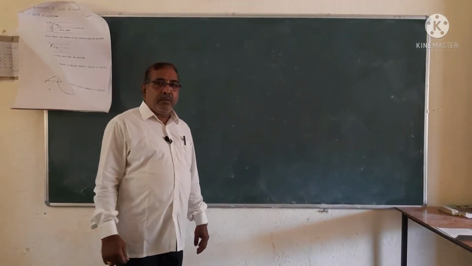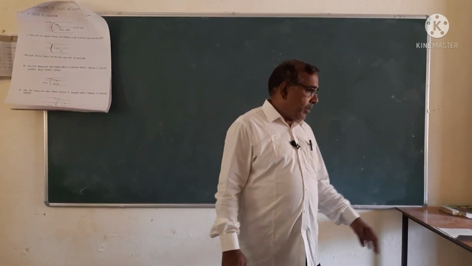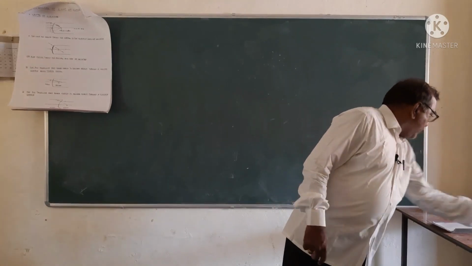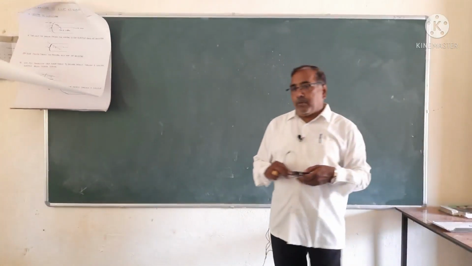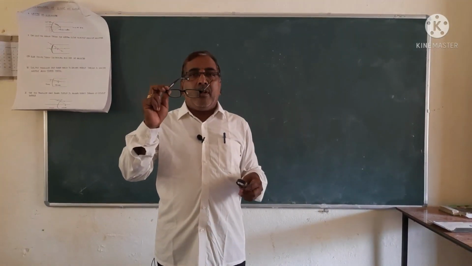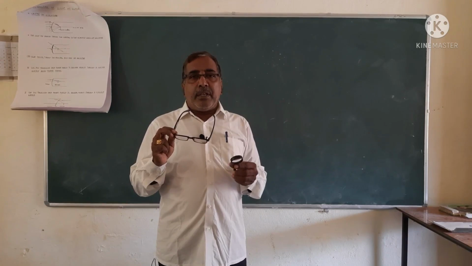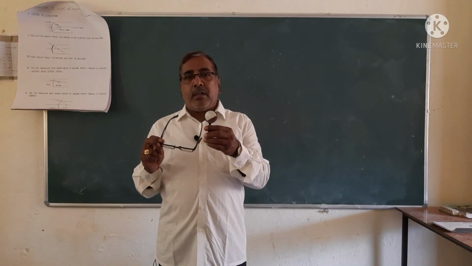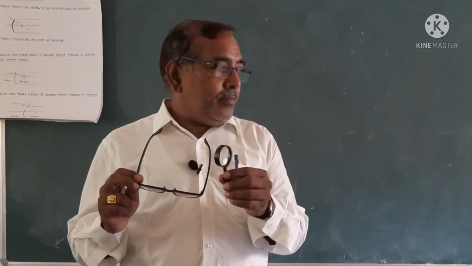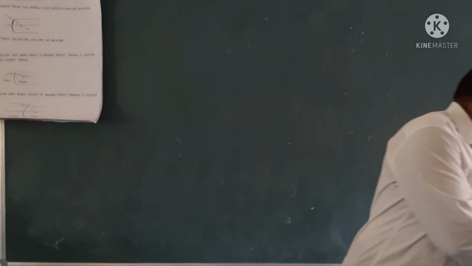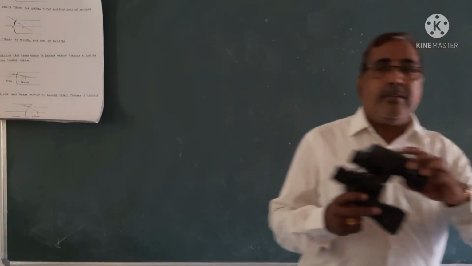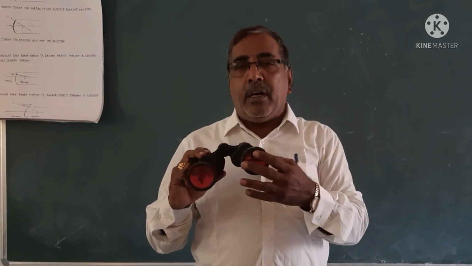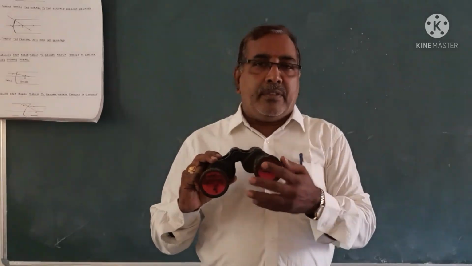In our daily life, we are seeing so many things. So many people are using spectacles like this, and in some cases some are using this type of lenses. This is called converging lens or convex lens, and in some binoculars also we are using some glasses like this. When we touch it, we will feel that they are not plane surfaces.